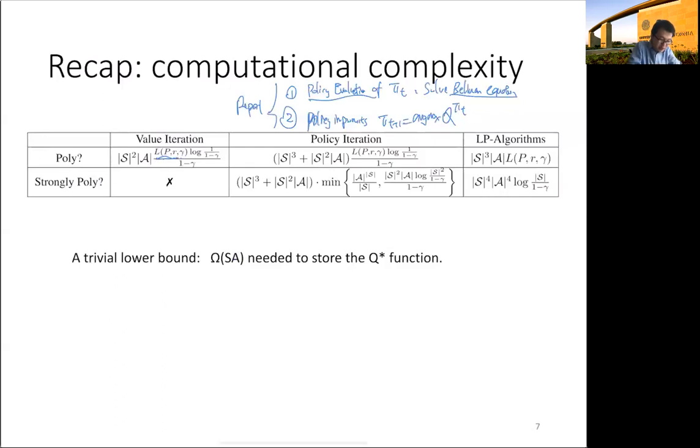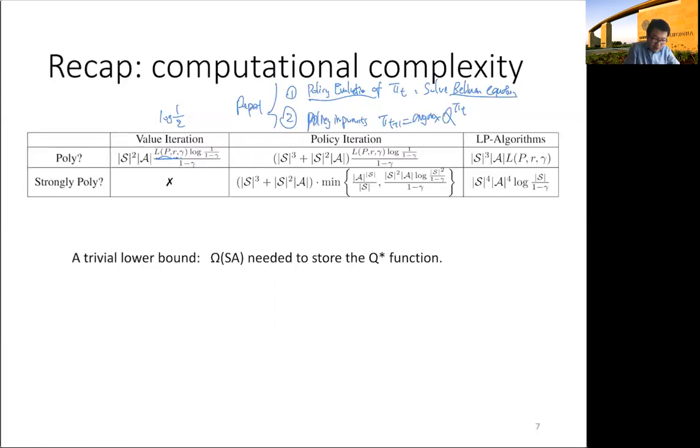You should think of this term as something like a log 1 over epsilon term. And all these computations are stated in big O notation, so some numerical constant in front of it, say 10 or 1,000, is ignored. We're thinking about really large problems and consider only the dependence on the size of the input.